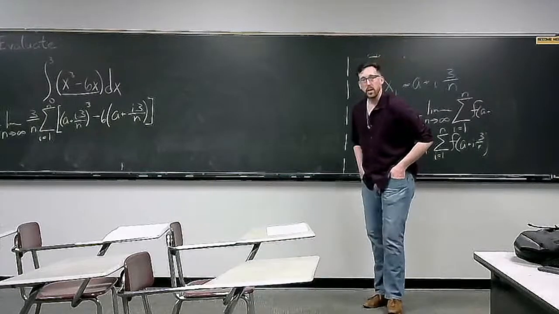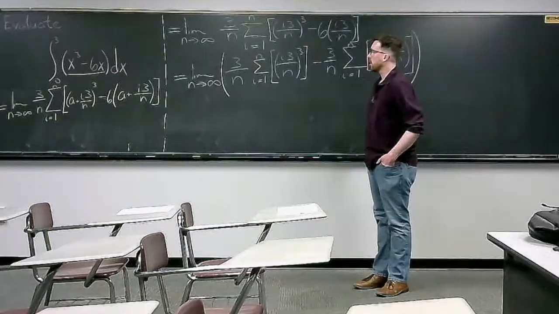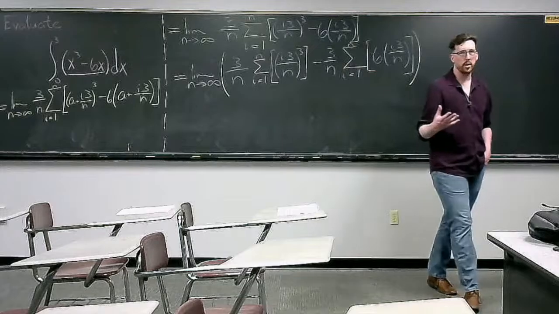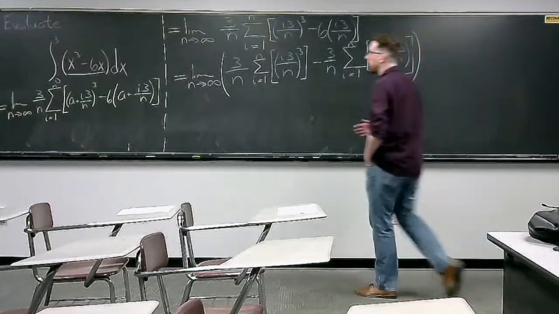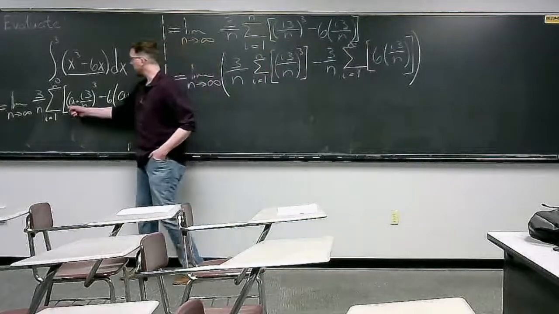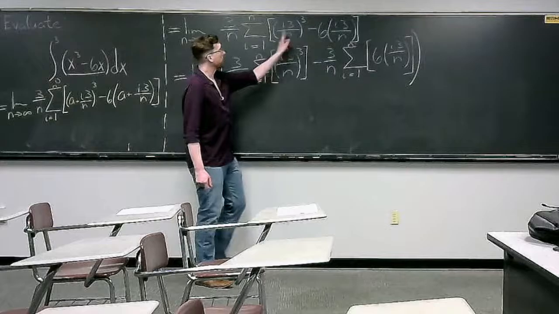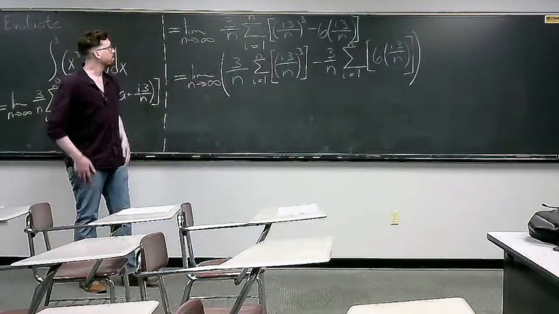Cool, while you all are doing that, I'm going to pause the video and clean up the board some. So for this next step, I went ahead and did a little bit more work in advance. What I did was first, I said, hey, our a is equal to 0. So we can just get rid of it, right? Just throw it out.